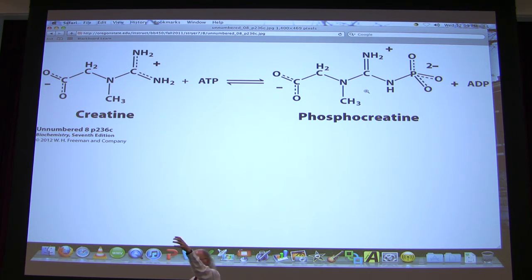So now, instead of having glucose up here, I have glucose 6-phosphate. Instead of having ATP down here, I have ADP. So we see that the shape of the enzyme changed as a result of the binding of the substrates. The binding of one substrate didn't affect the binding of the other substrate, but it affected the enzyme. Does that make sense? Okay.